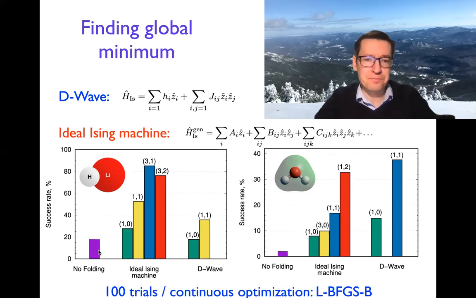Turns out that out of 100 trials, for LiH, if you just don't do any smart tricks, just do continuous optimization of energy, you will optimize to a global minimum less than a fifth of the time, it's less than 20%, okay? And then if you do the same experiment for water, it's just close to a 2-3% chance of getting the global minimum out of this optimization.